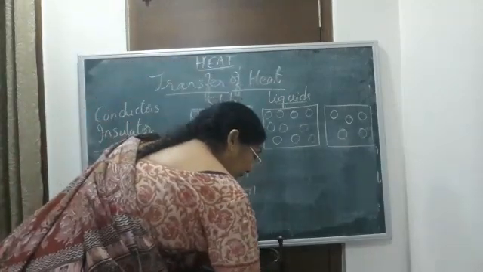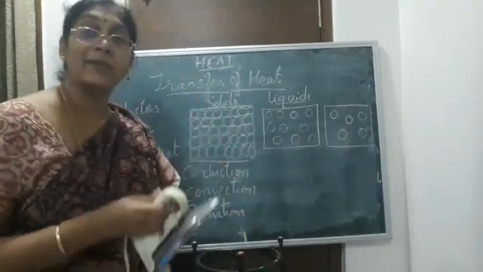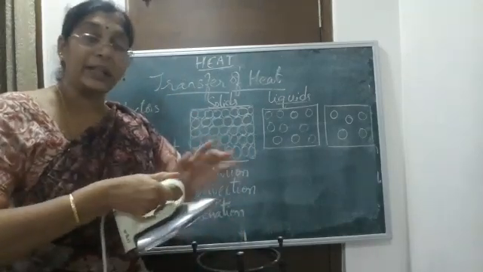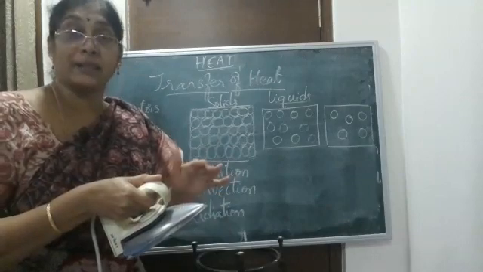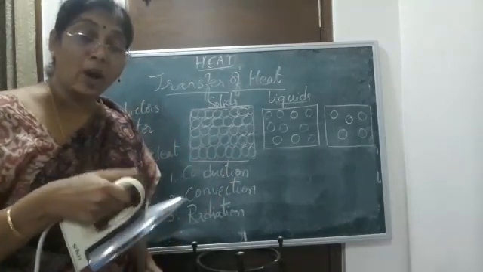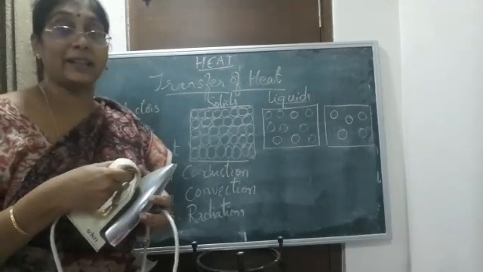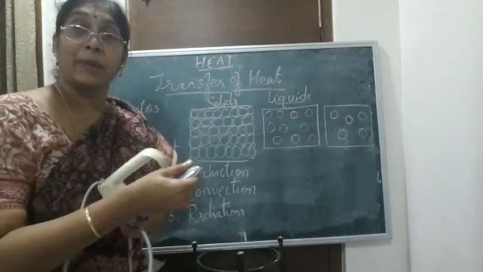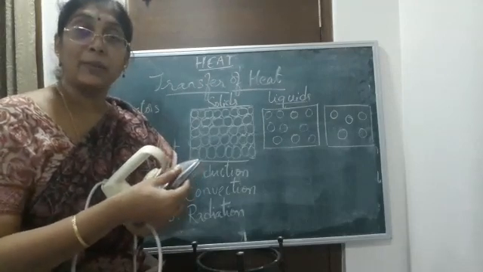Okay, this is even an iron box. This is a conductor of heat. This part I cannot touch. If I touch, my hand will get burned, isn't it? When it is not hot, now I can touch. But when the switch is on and it is getting hot, when I am about to iron, I cannot touch. This part will be very hot.